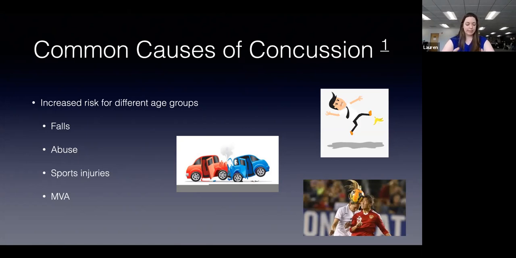But in the United States, each year there's 2.8 million diagnosed TBIs, and concussions or a mild traumatic brain injury account for approximately 80% of all traumatic brain injuries. So if you do the math, that's 2.24 million concussions in the United States each year diagnosed.